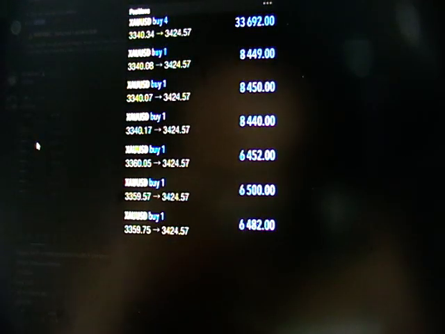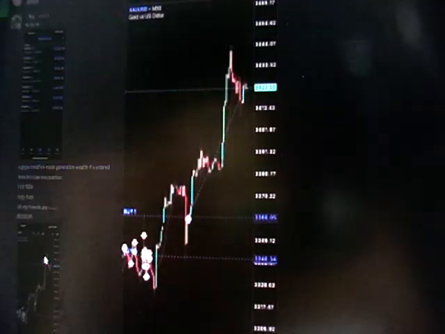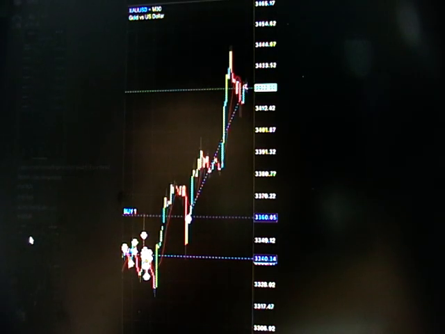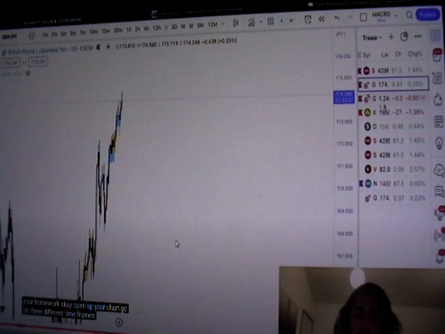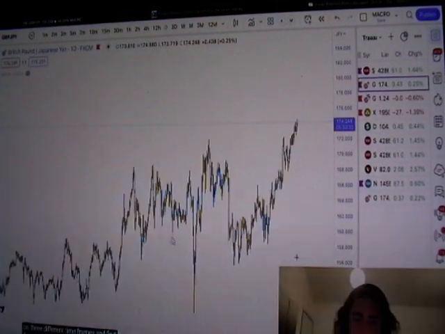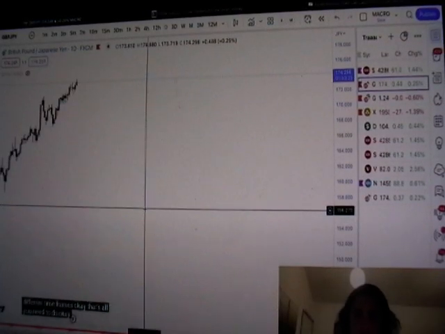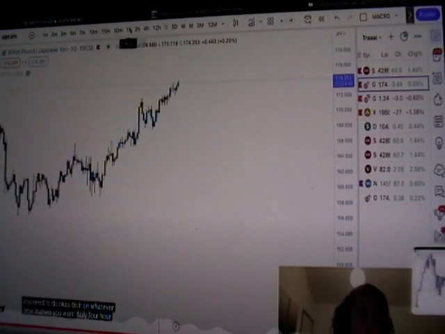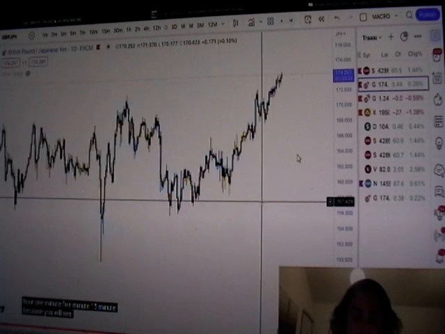Find 5 different liquidity sweeps on 3 different time frames. That's all you need to do. Do it on whatever time frames you want: daily, 4 hour, 1 hour, 1 minute, 5 minute, 15 minute, because you will see these happen time and time again.